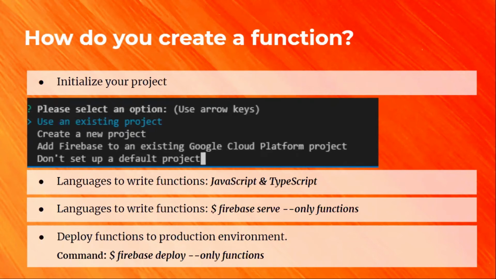Then we have to install the dependencies. It will ask for the dependency installation. We have to type Y, and that will get installed in your project. Then you have to import the required modules for your function and start writing your function. For testing that function locally, we have to run the firebase serve command.